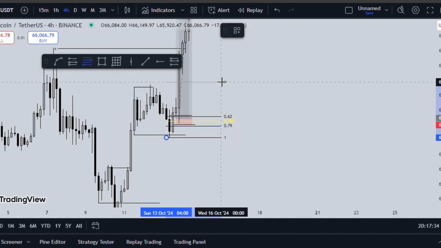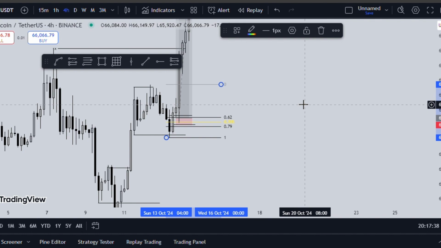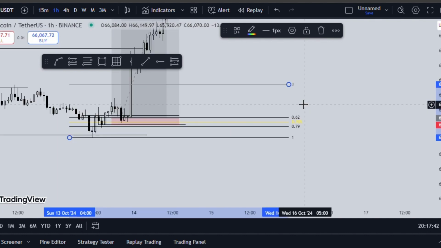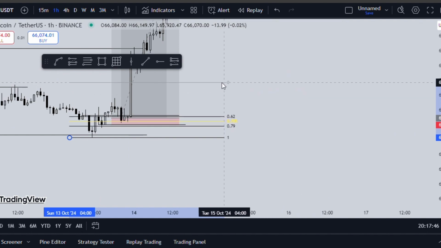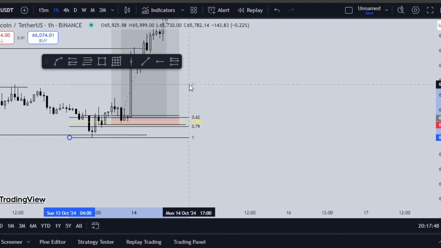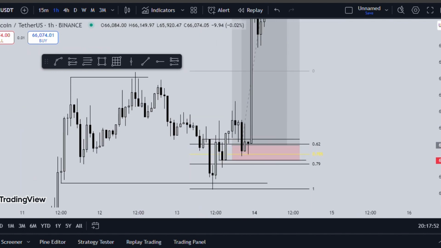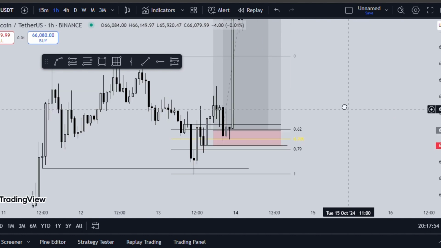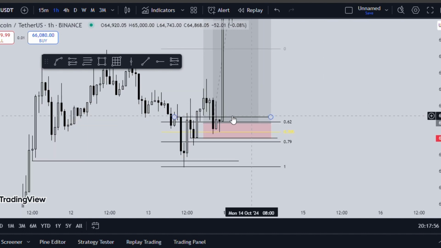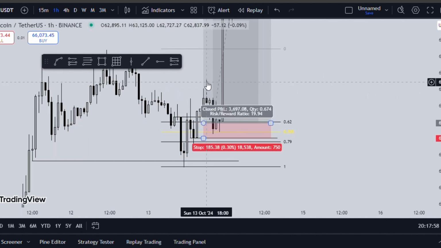But this one I entered on the 0.62, and I'll show you why. I went on the 1 hour. I saw this trade on the 1 hour, not on the 4 hour. So I took it on the 0.62 because I saw the trade around this area.